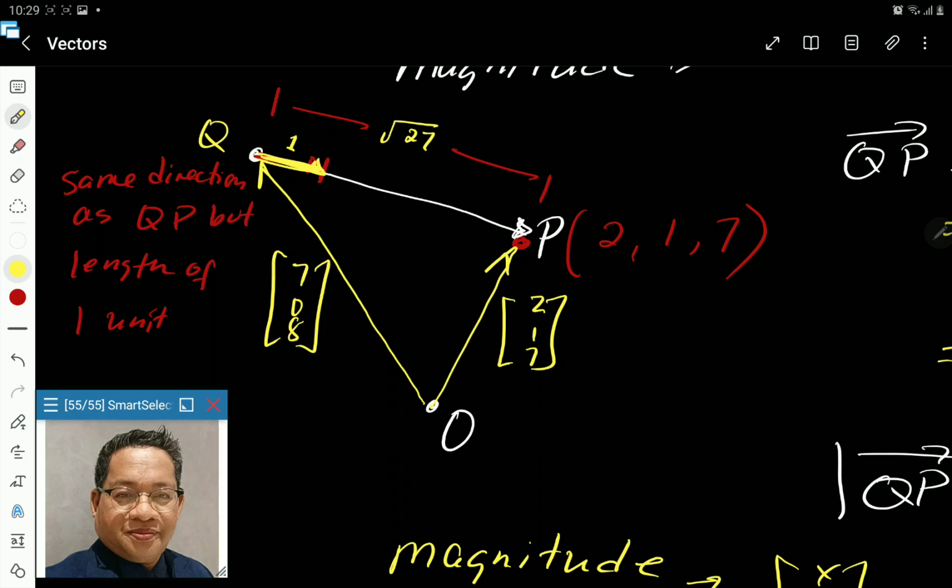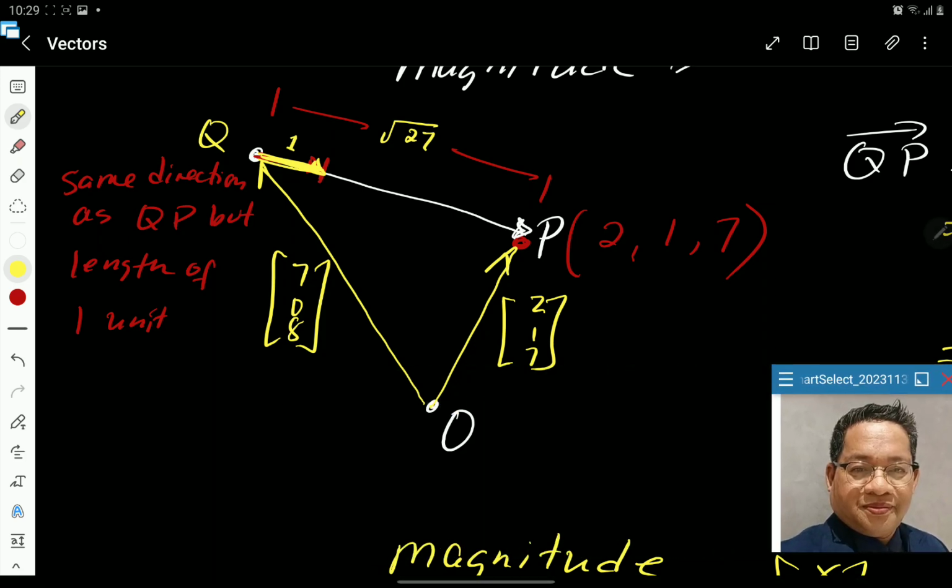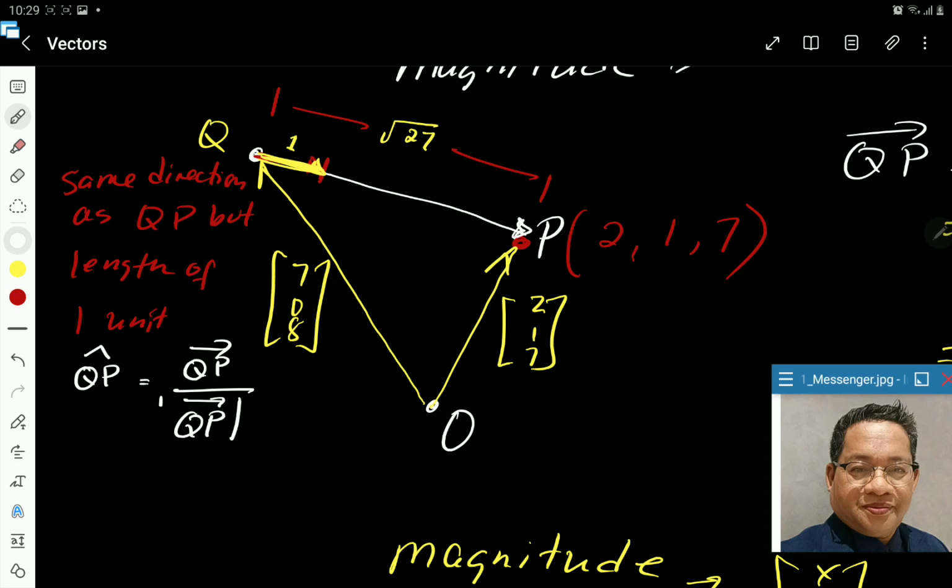That vector, which we symbolize as QP hat, like there's a hat on the head, is equal to the vector QP divided by its length.